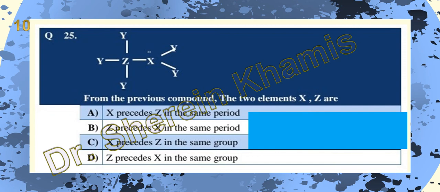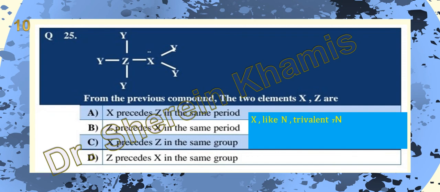Z has 4 bonded pairs, so we are talking about the element with 4 electrons in the outer shell, but X has 3 in the outer.